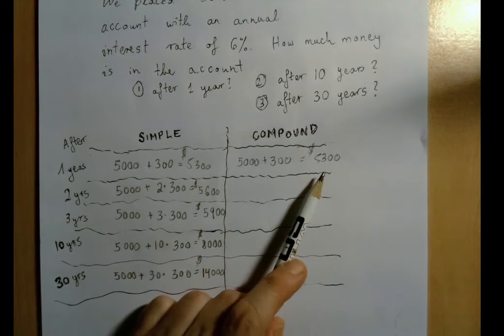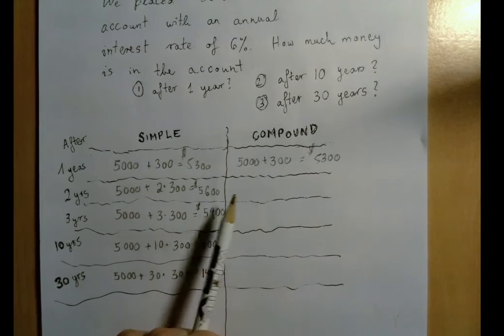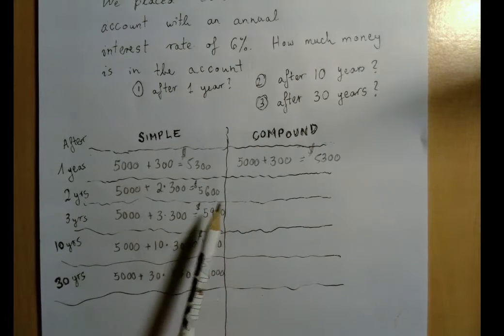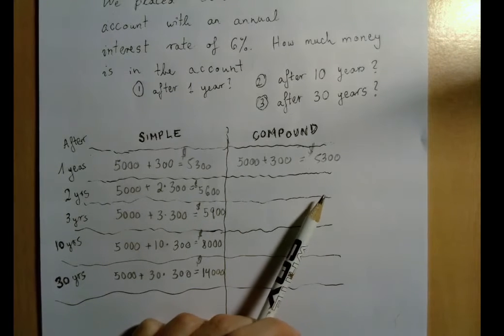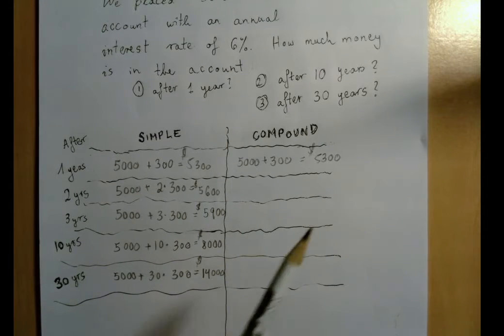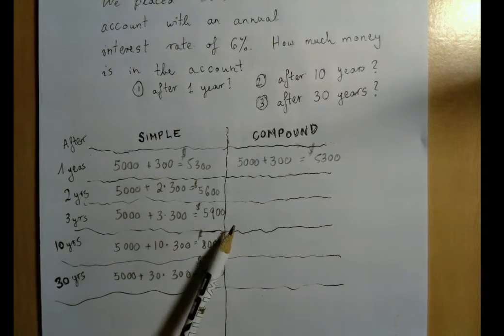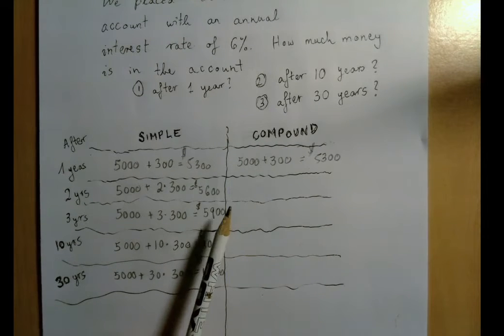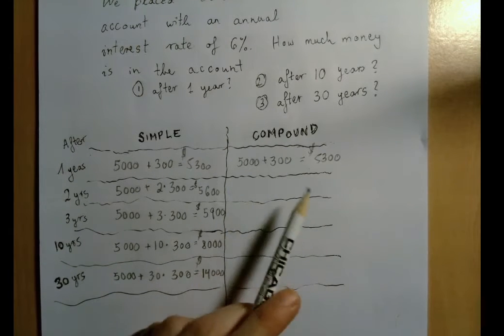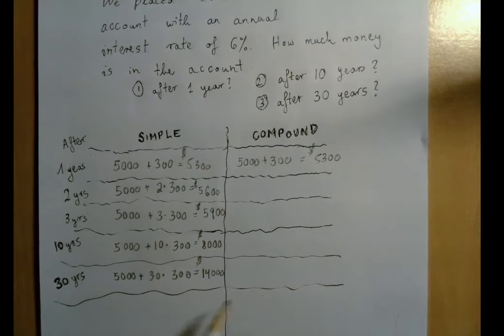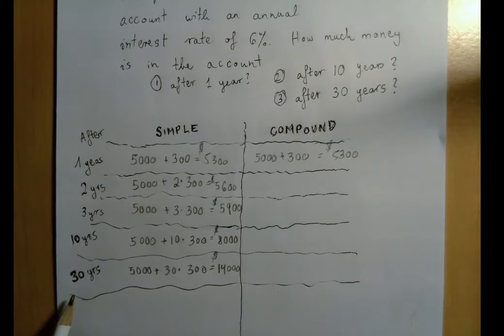So we would have to take 6% of 5,300 and add it to 5,300, and we need to find that so that we could take the 6% of that and add it to that to get the next year's interest payments. So we seem to be in trouble mathematically, because it looks like there is going to be a lot of work to work ourselves up to 30 years.